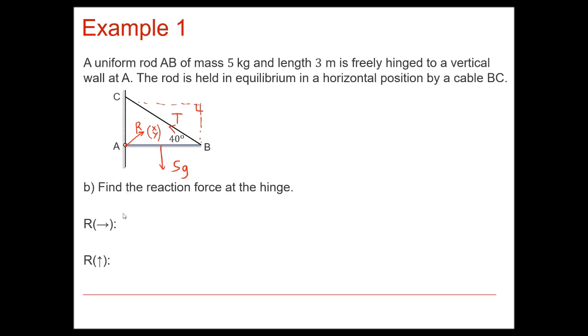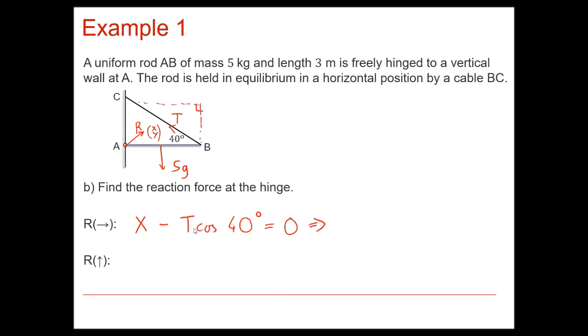So if we resolve horizontally, then we have this component X acting to the right, and we'll have a component of T acting to the left. That will be T cos 40, and that must equal 0.